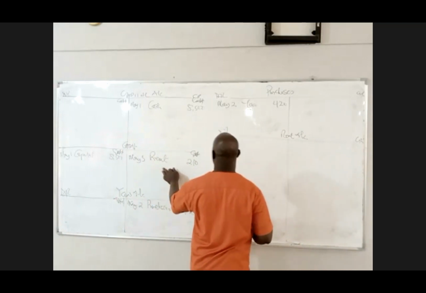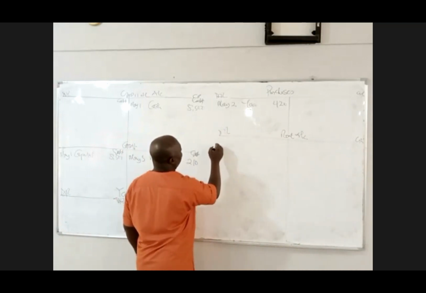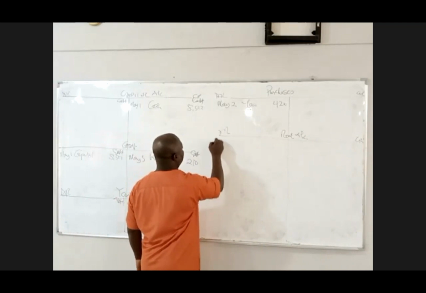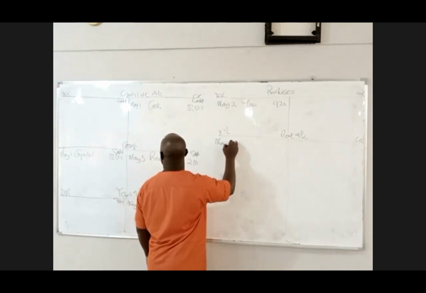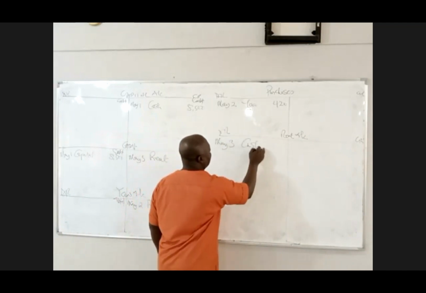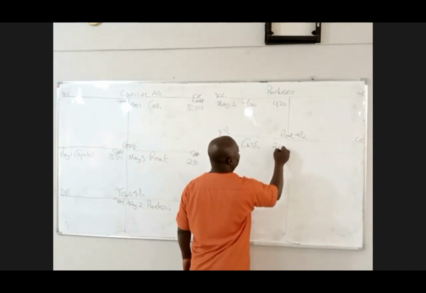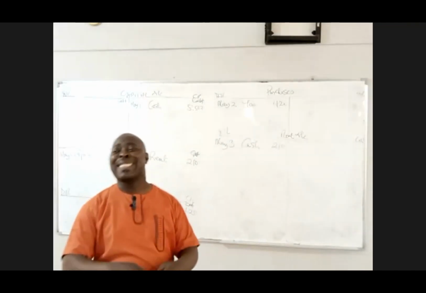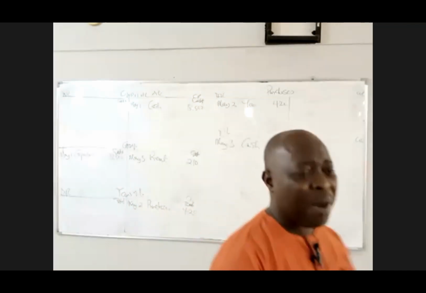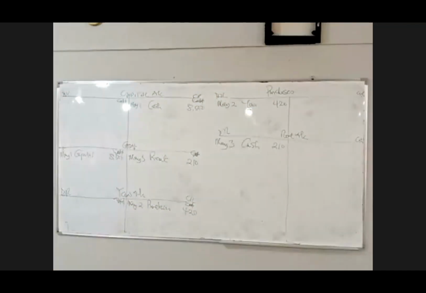This one is credited here, so we debit in the name of what? Cash. So May 3, cash. That's all. So with this understanding, how can you feel accounting? Huh? You will not feel.